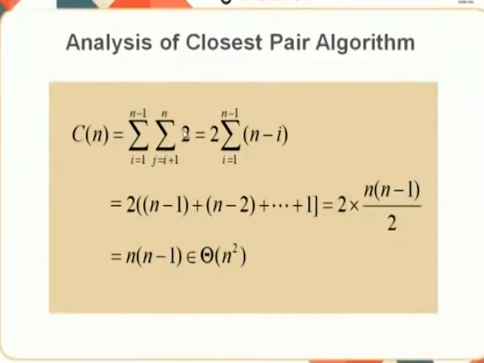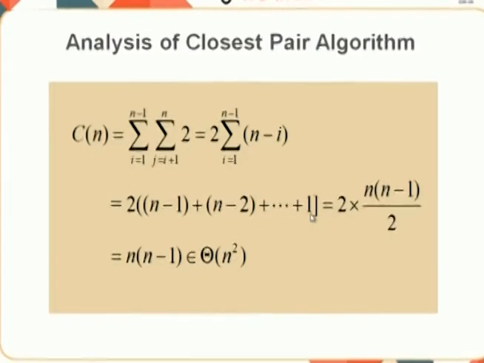Now this is the number of operations that are done as part of that particular loop. 2 is a constant, therefore, I can take it outside. Then simplifying this loop, it becomes n minus i plus 1 plus 1, so it comes to n minus i. If I simplify this, i is replaced by 1, 2, and so on. When i becomes n minus 1, the term becomes 1.